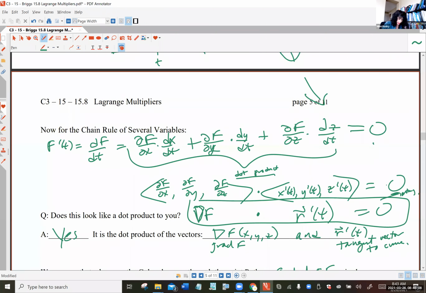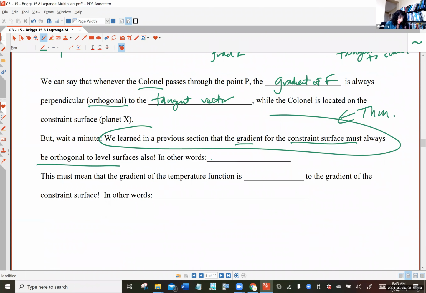So what we're saying is that del G also has to be orthogonal to every tangent vector. So not only does the temperature function's gradient have the property that it's orthogonal to every tangent vector, so does the planet's surface representation gradient.